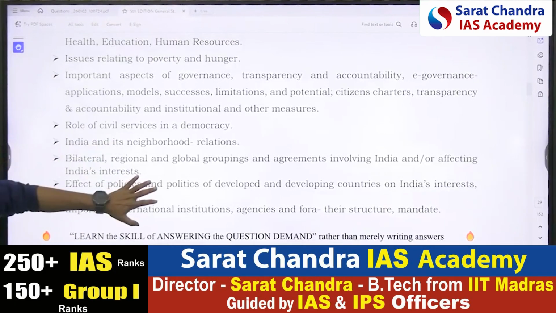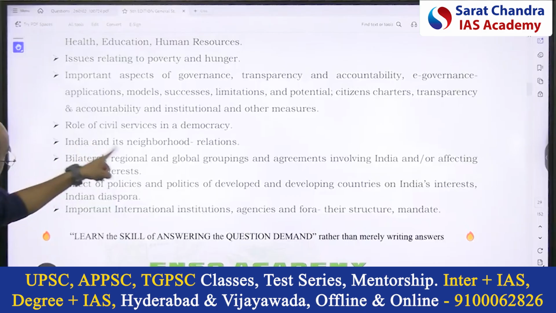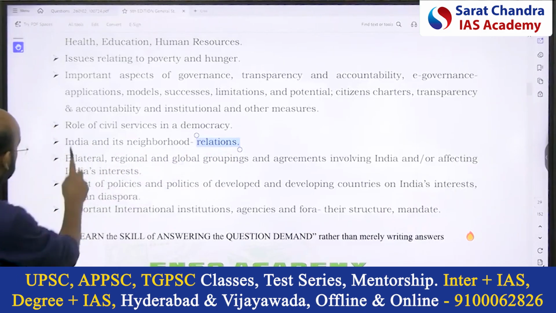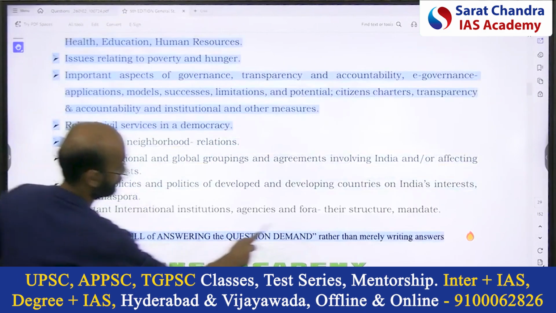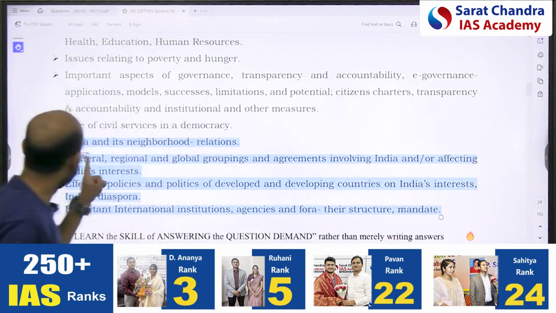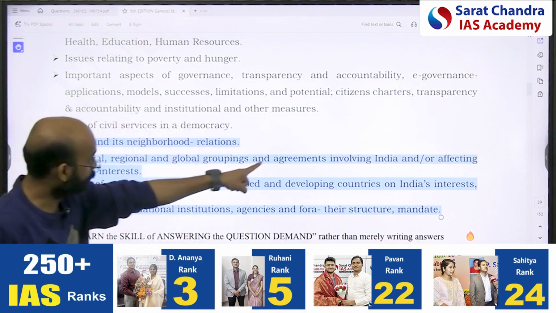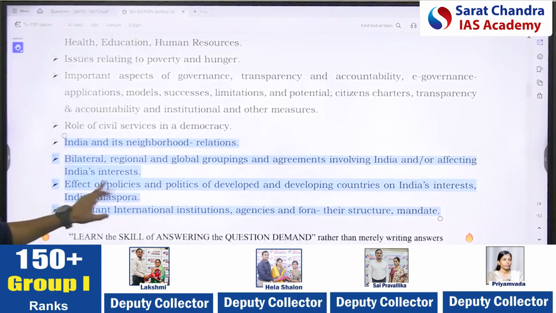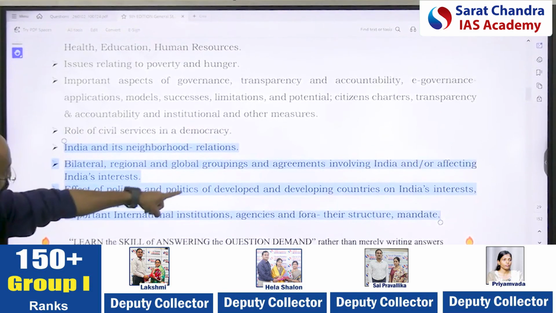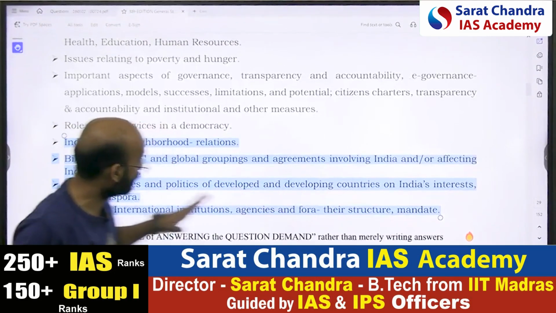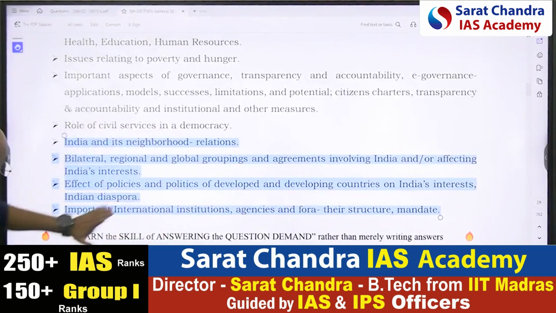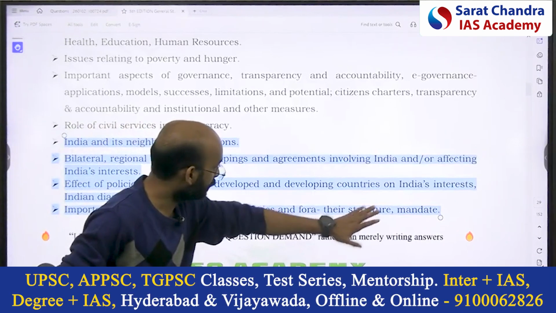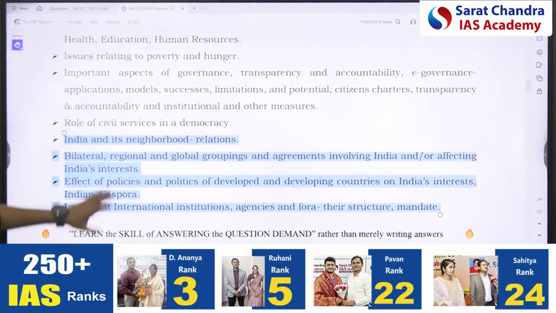If you see this syllabus, here it has India and its neighborhood relations, bilateral and regional, bilateral, regional, global groupings and agreements involving India and affecting its interest, effect of policies and politics of developed and developing countries on India's interest and Indian diaspora, important international institutions, agencies, fora and their structure and mandate.